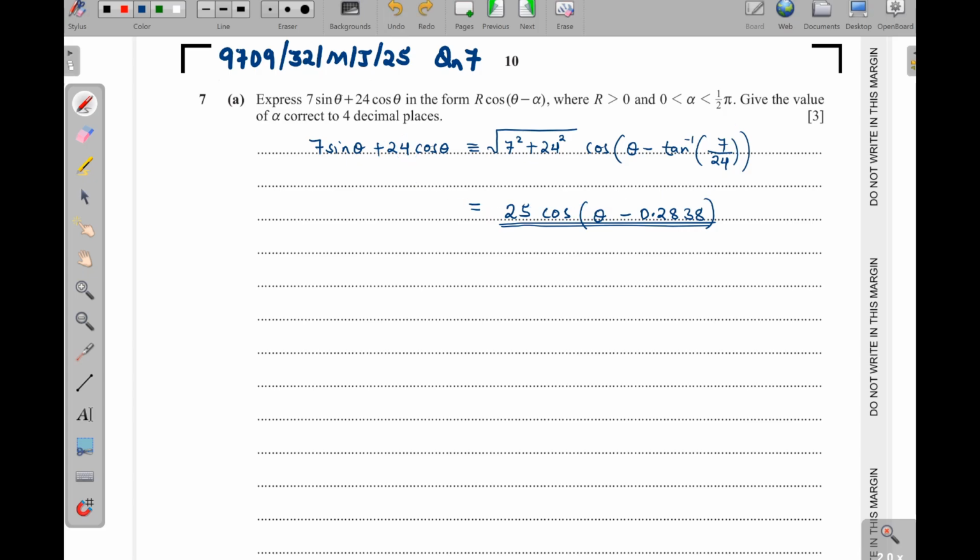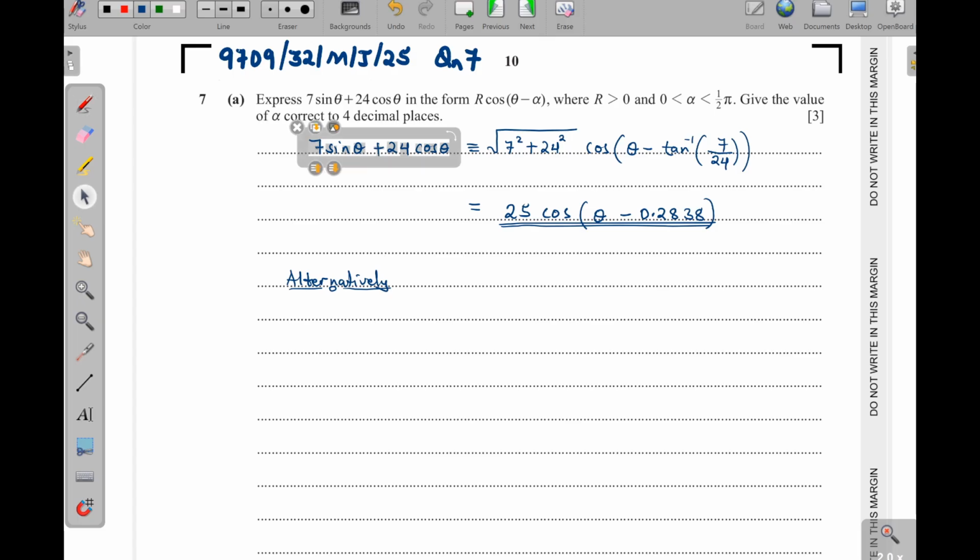Now, if you want to waste your time, you can do this, and when you do this, you get your 3 marks. Alternatively, you are going to expand.